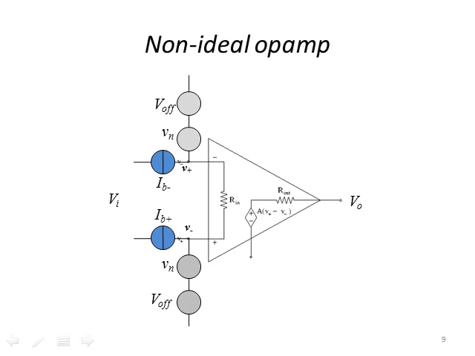Well, based on the complexity of the number of elements in an operational amplifier, obviously it's not an ideal type of element. And this is an example of modeling the non-idealities of the operational amplifier.